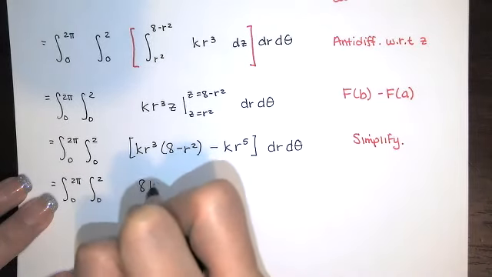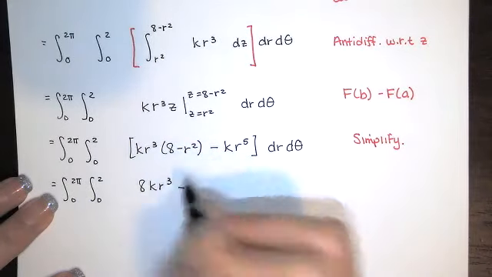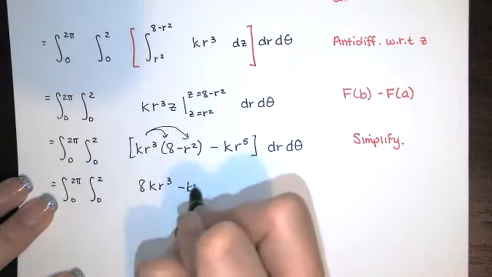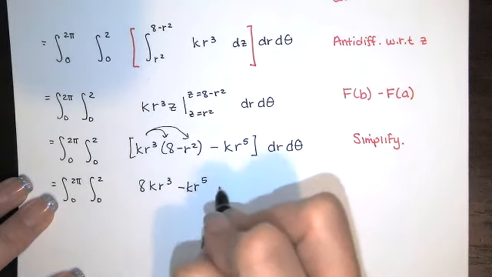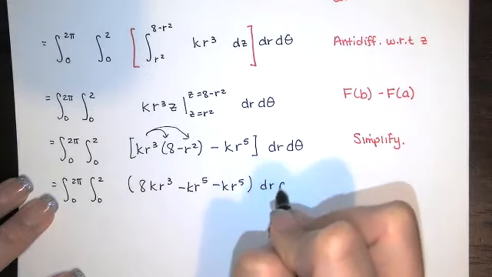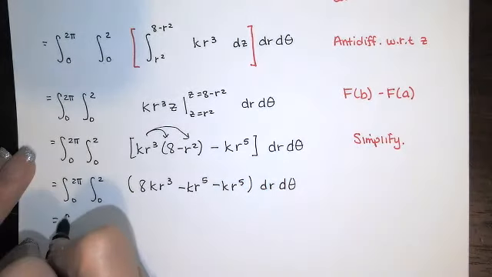I've got 8 times k r cubed minus, I distribute, k r to the fifth minus another k r to the fifth. So I've got 2 of those.